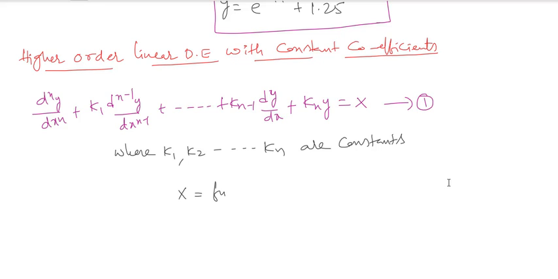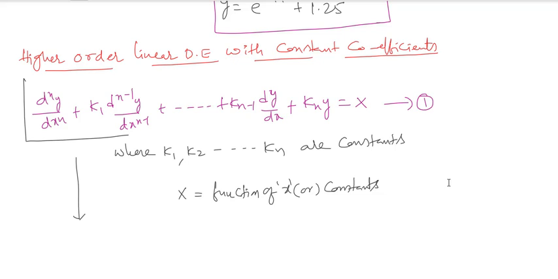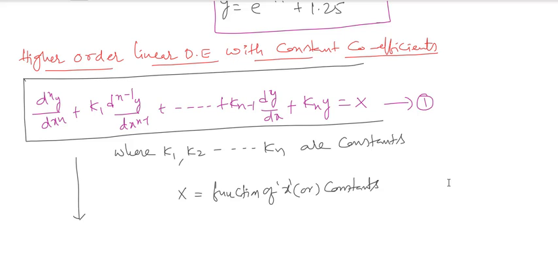Capital X is what, ma? Function of x, or it may be a constant sometimes. So this directly I can represent as C. I cannot always write this huge equation, so that is the reason why I will go with the compact form.